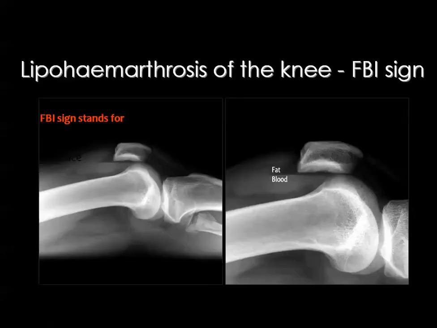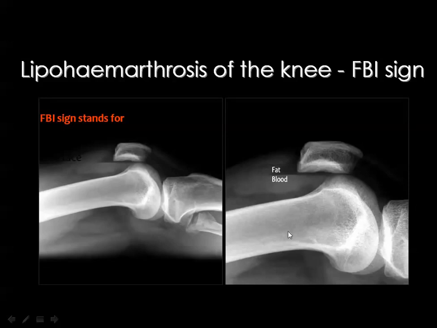In cases of trauma, there may be hemorrhage inside the joint, and if you use the horizontal beam, you can have this appearance, which is known as FBI sign, meaning fat blood interface. In the fat blood interface, you can see fat, and you can see a fluid level in the dependent portion. Of course, you may say that this may be fluid or maybe blood.